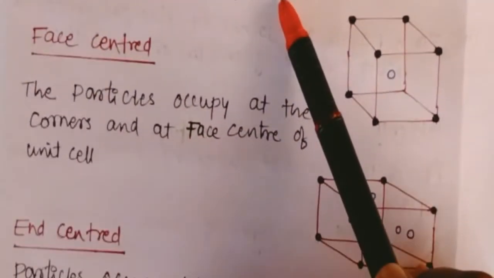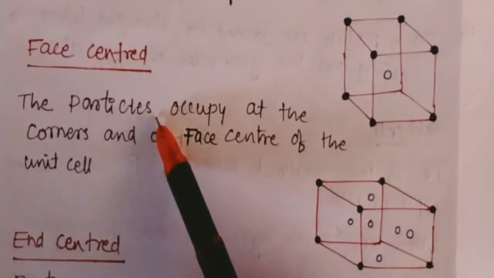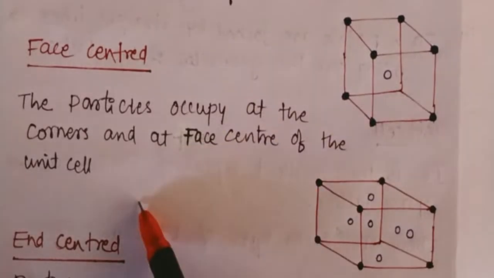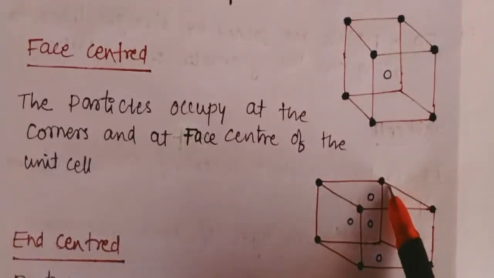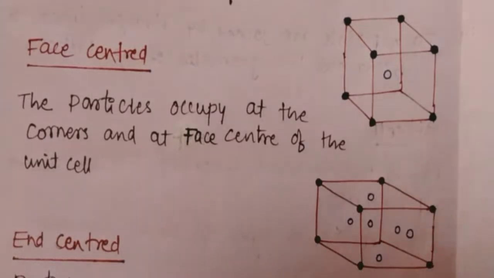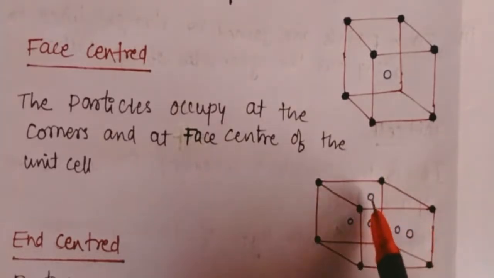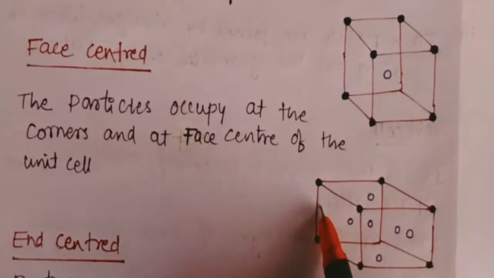The next one is face centered. Face centered means particles occupy the corners and the faces of the unit cell. So particles are occupied in the corners, and then in the faces of the unit cell. Consider this face: one constituent particle is here, and on this face, one particle is here.